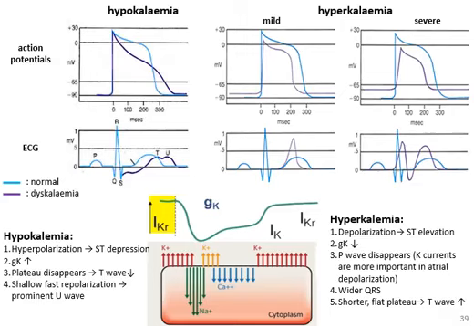In general, you can say that the rectifying potassium currents and the calcium currents, the relative strength of these currents, will determine the length and the slope of the plateau phase.